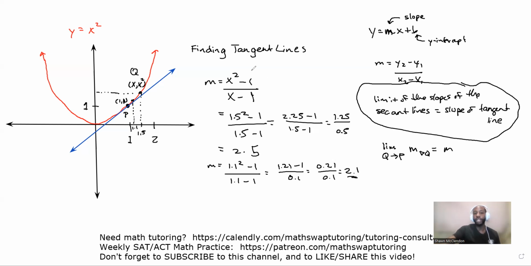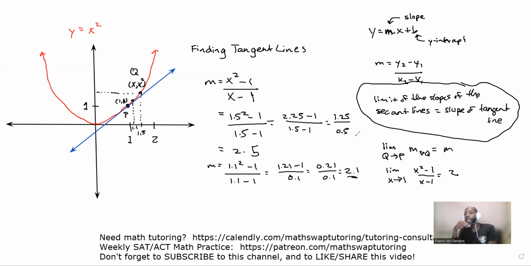In this case, for y equals x squared, the limit as x approaches 1 of the slope, which is x squared minus 1 over x minus 1, is equal to 2, as we just talked about.